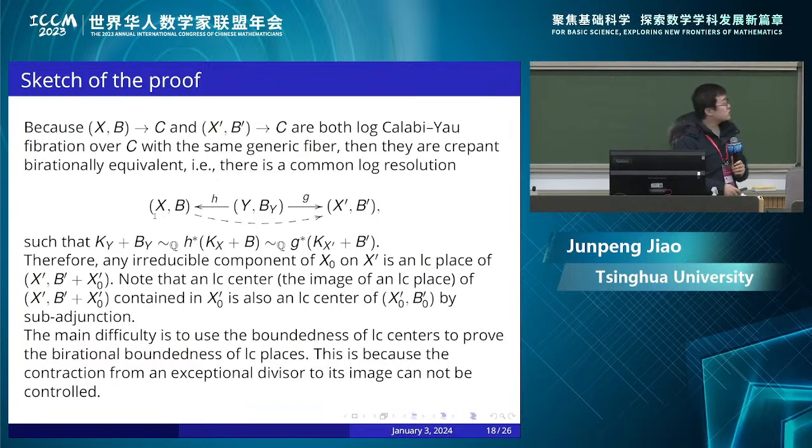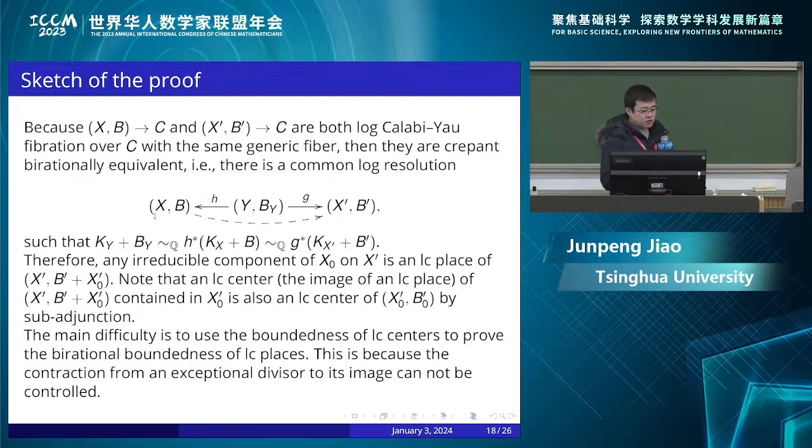Because the original one, X, B to C, and the new one, X', B' to C, are both log Calabi-Yau fibrations over C with the same generic fiber, they are crepant birationally equivalent. That is, there is a common log resolution, Y to X and Y to X', such that the pullback of K_X plus B is equal to the pullback of K_X' plus B'.